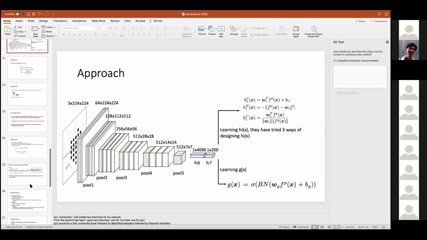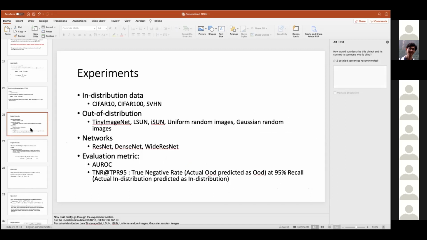Okay, thank you. So here you have three in-distribution data sets, and we also keep some out-of-distribution data sets. They also include uniform random images as well as Gaussian random images inside the out-of-distribution data set. They have used three networks.